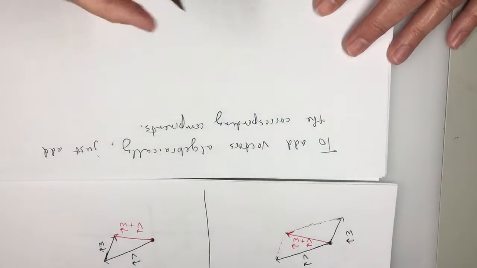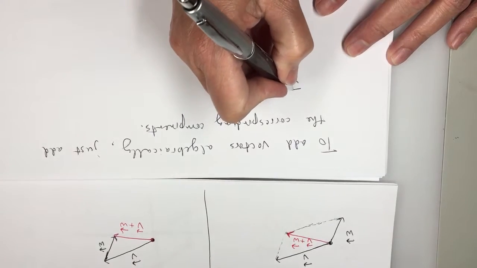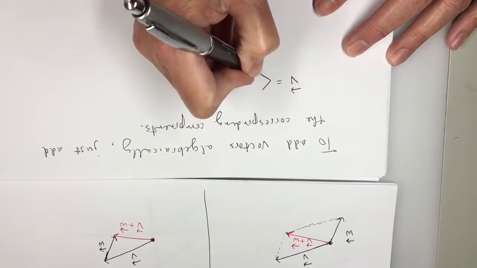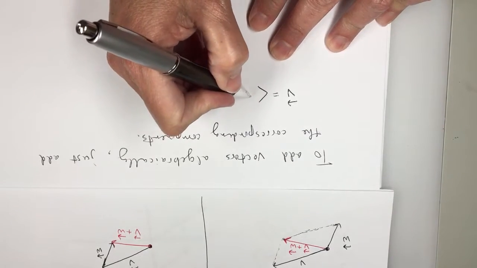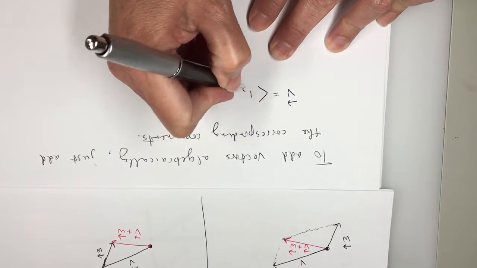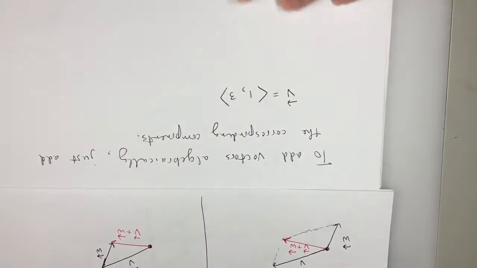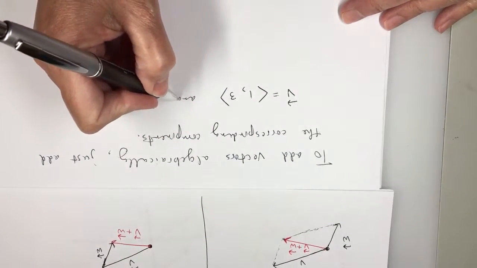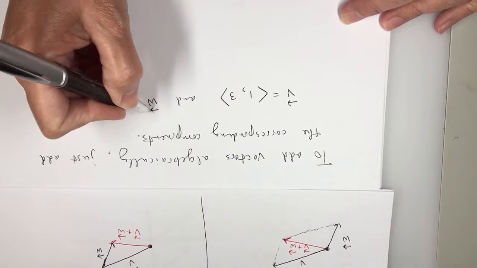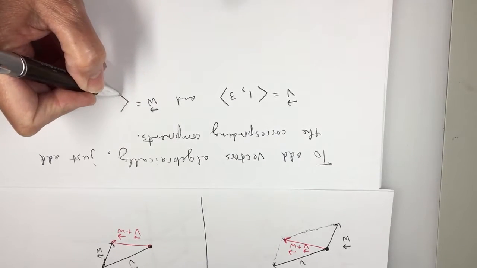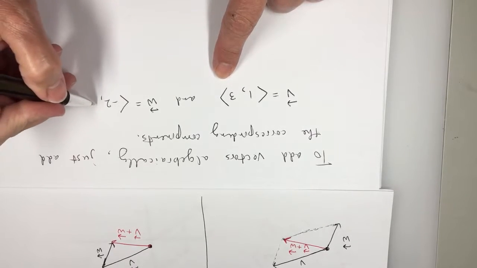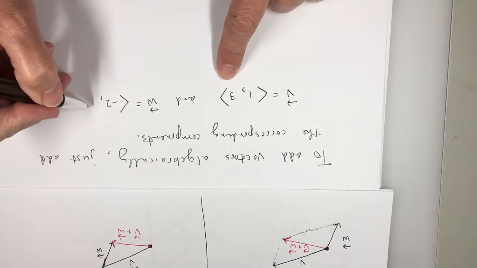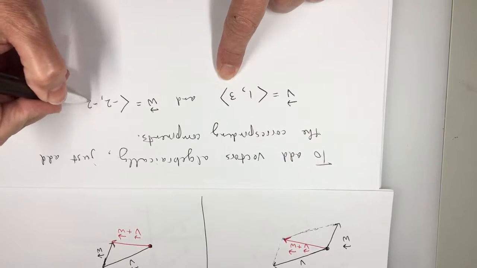I'll make up a problem for this. So vector V in position form, let's say it is 1, 3. And I'm going to go with 2 space. And vector W, we'll throw in a negative number: -2, -2.